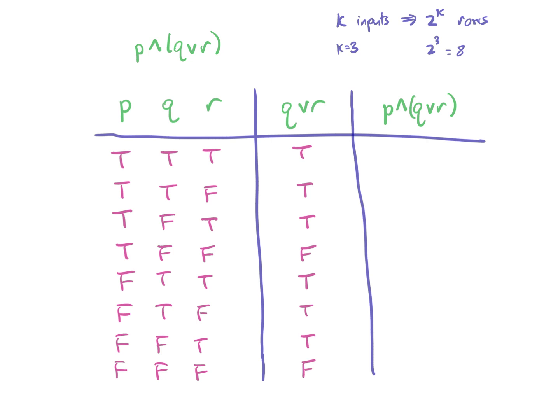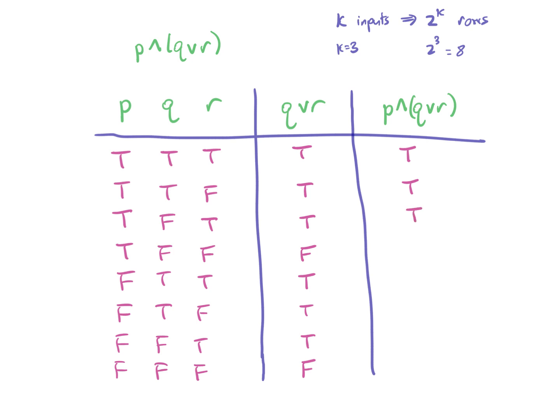Now, when I do P and, I need to look a little bit across the truth table. I need to look at the P column, and I need to look at the Q or R column. And I'm going to ignore the individual Q column and the individual R column now. So P and, well, if P is true and Q or R is true, the conjunction is going to be true, and I'm going to have that in the first few rows here.